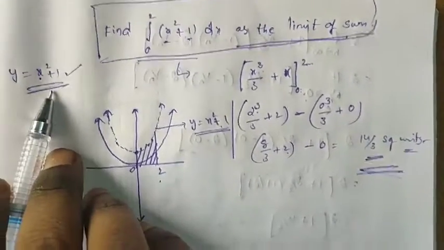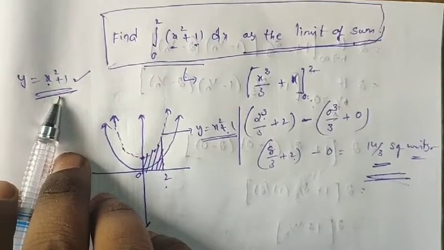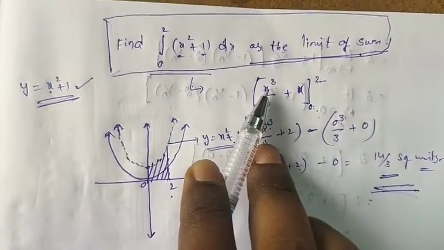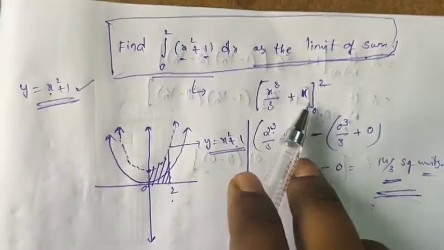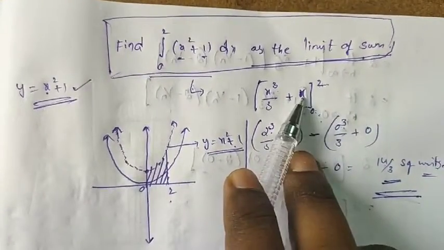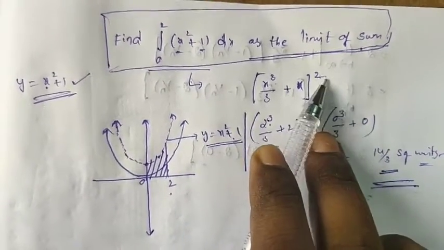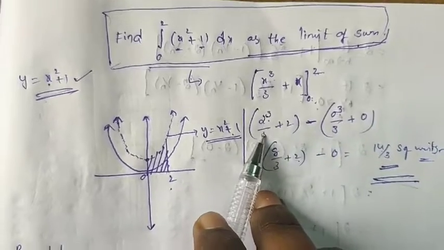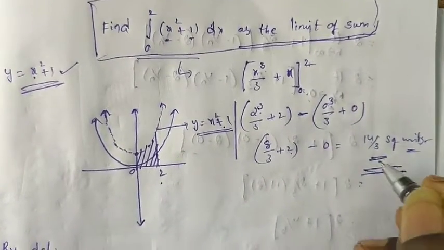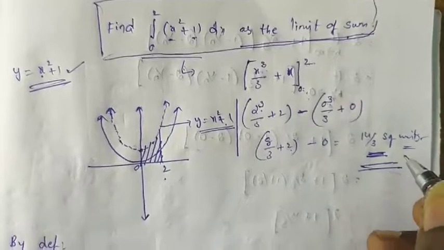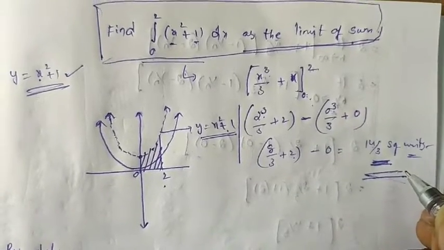Now y is equal to x square plus 1. The primitive is, for x square, x cube by 3, and for 1 it is x. Apply the limits. I told you already, upper limit first: 2 cube by 3 plus 2. Apply the 2 and 0. The total answer will be 14 by 3. See, such a simple one.